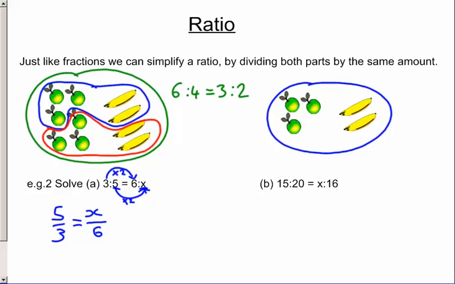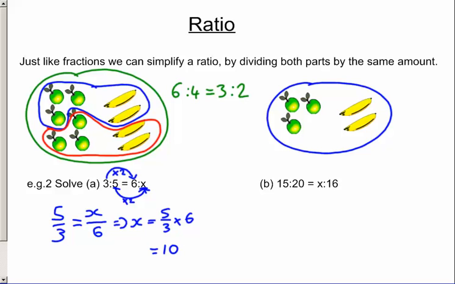And now we can scale up that fraction or solve the equation, which gives us that x is equal to 5 over 3 times by 6, which gives us the same answer of 10 by the simple method.